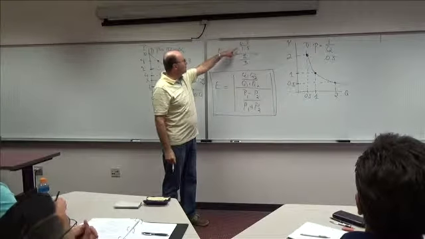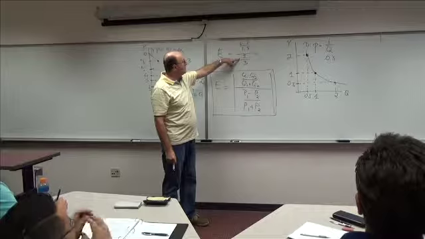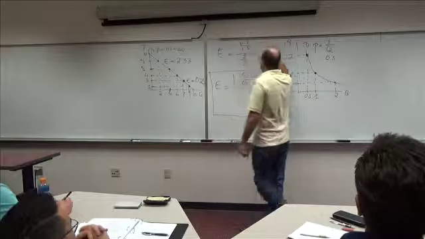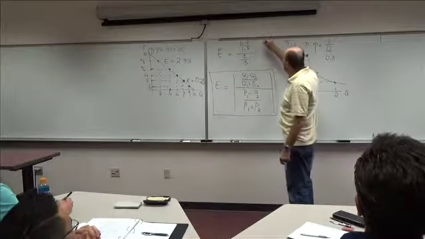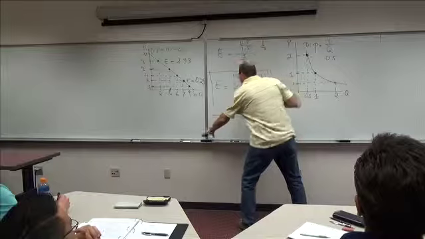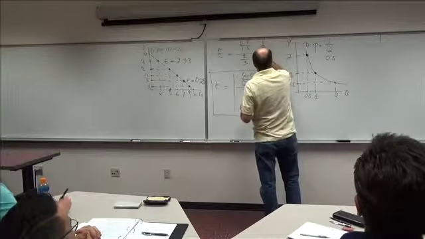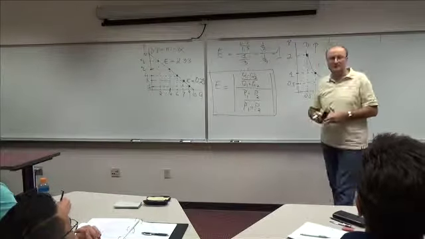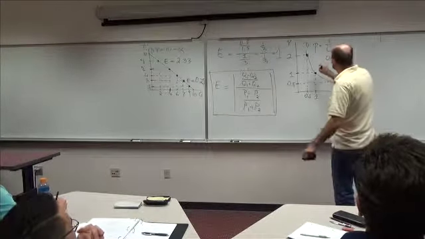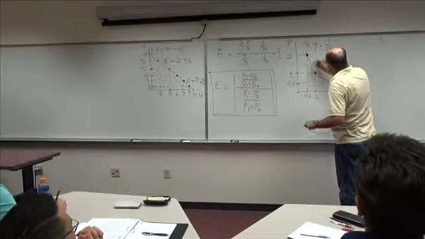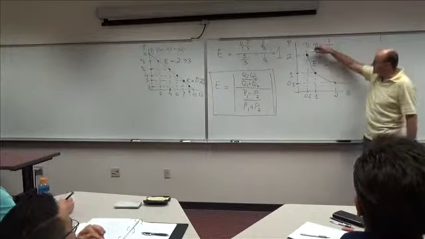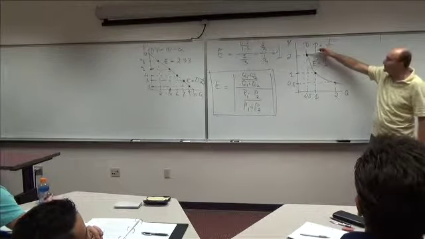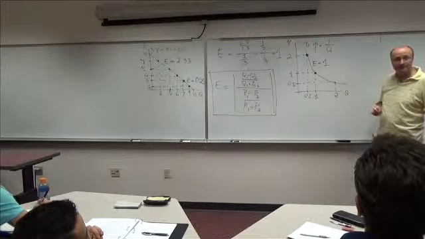What is 0.5 over 1.5 divided by 1 over 3 equal to? 1. Because 0.5 over 1.5 is just 1 over 3, right? So 1 over 3 divided by 1 over 3 is 1. That makes sense? So we found out that elasticity along this segment is equal to 1. In other words, this particular demand curve has unitary elasticity along this segment, correct?